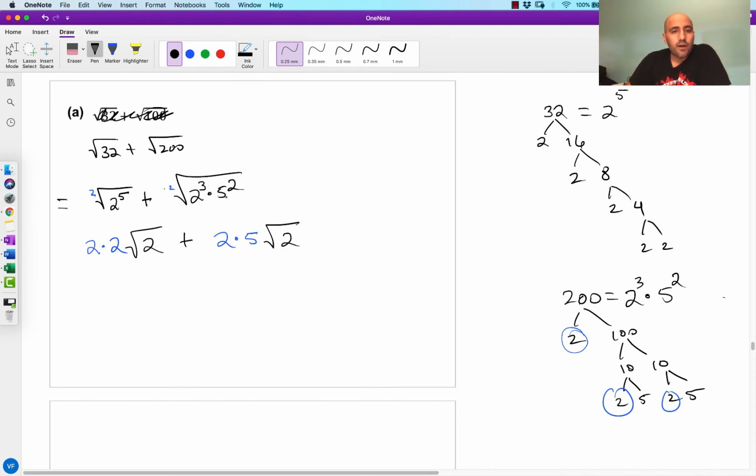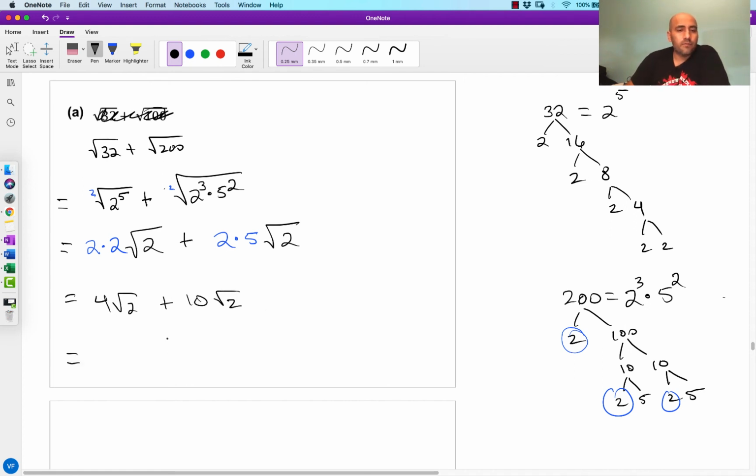Right, so 5 squared, and then there was square root. These 2 operations cancel. There will be 1 power of 5 that comes out. And then 2 times 2 is 4. We can pull out 1 copy of 2. There's 1 remaining. Good. Okay, so then this simplifies to 4 root 2 plus 10 root 2.